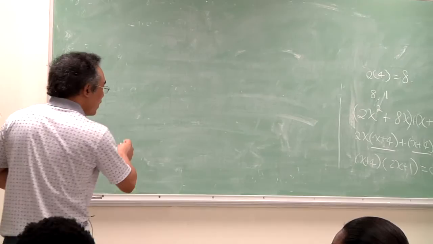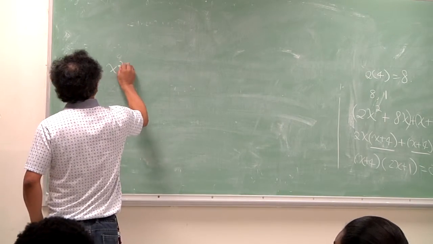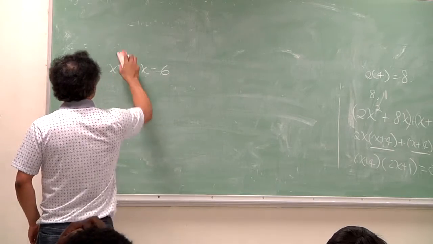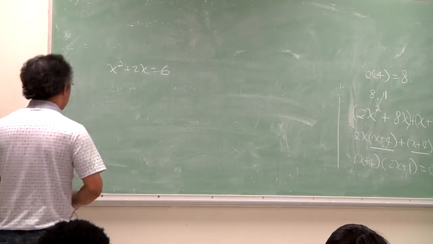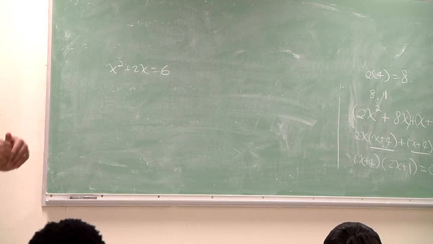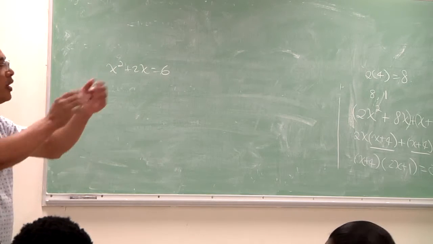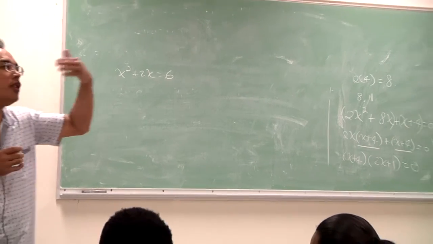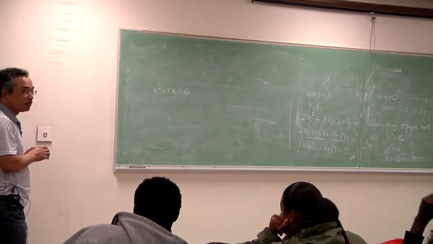Okay, so we got x squared plus 2x equal to 6, and we want to have a perfect square on the left side. So how do we start?